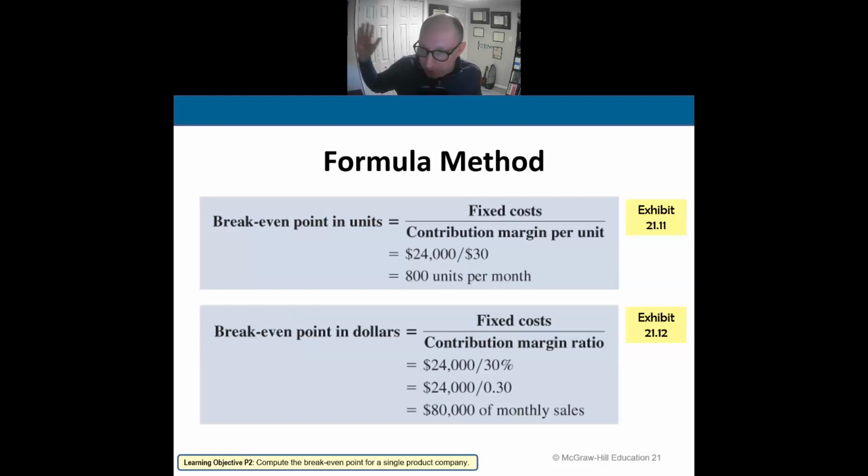Maybe they went to school for something else. A lot of times small business owners don't know these formulas. So in my opinion, this is one of the most important ones to know. That's why I'm spending so much time.